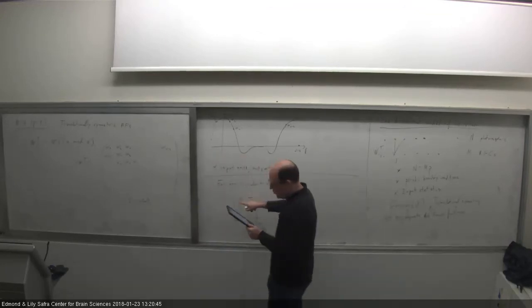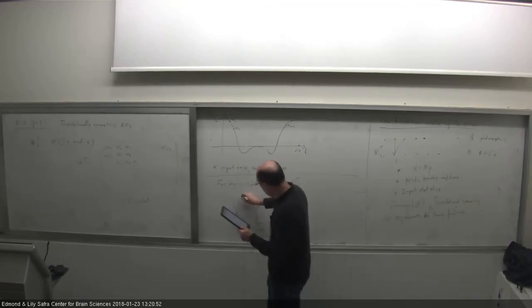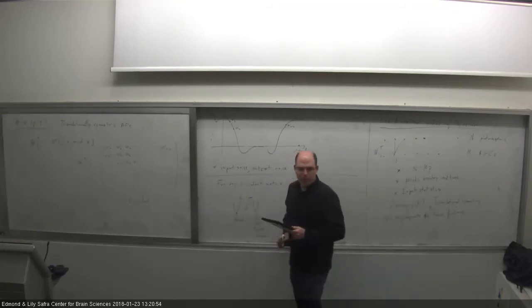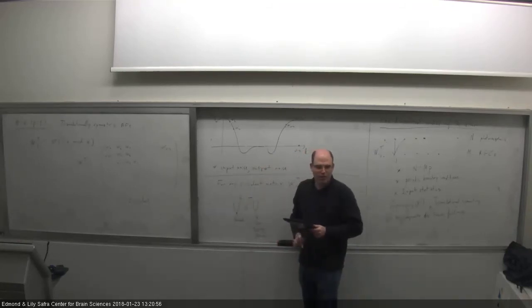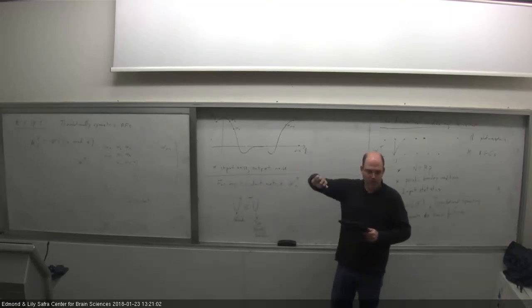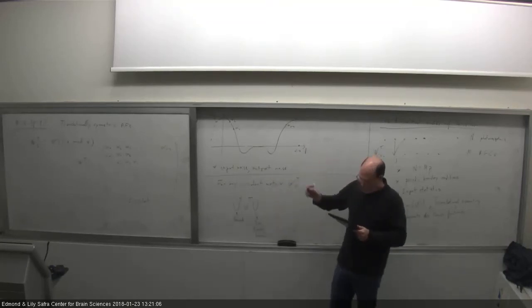Actually I should put here a U dagger. Do you know the difference between transpose and dagger? Dagger is both transpose and complex conjugate. Okay, so that's the correct one.